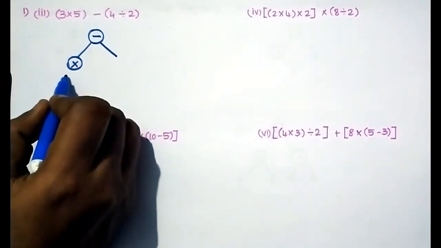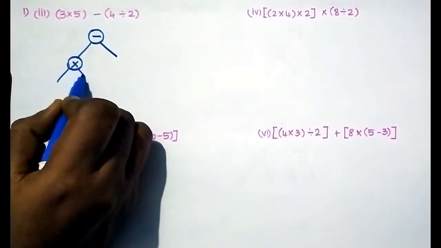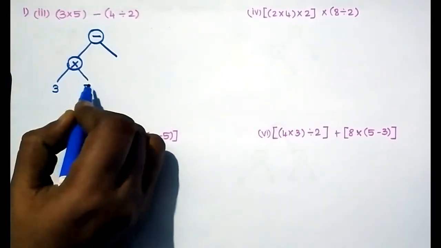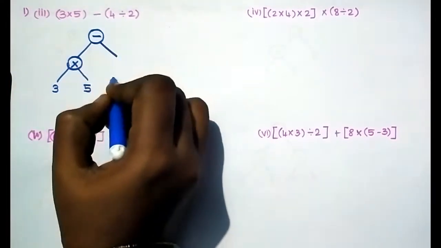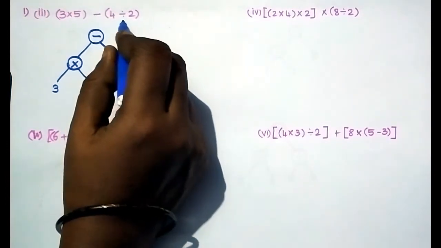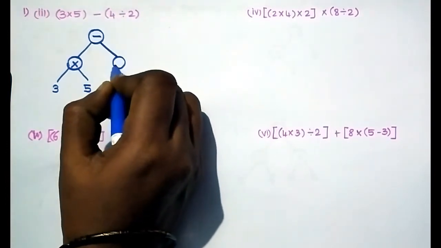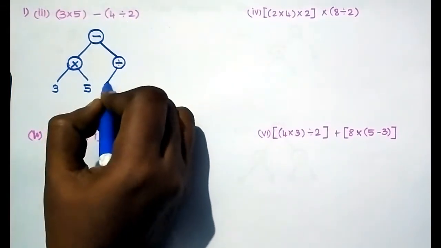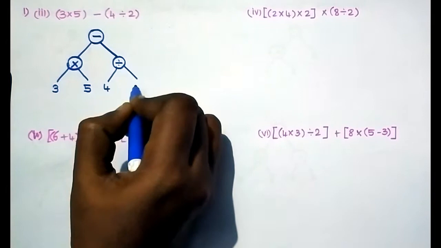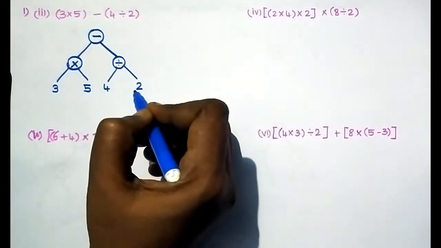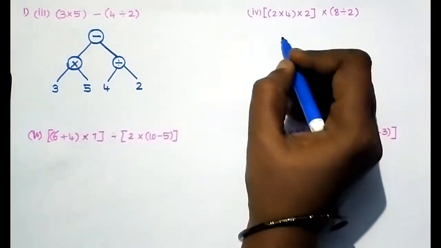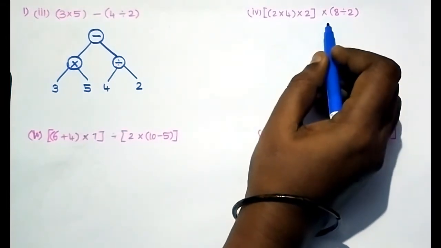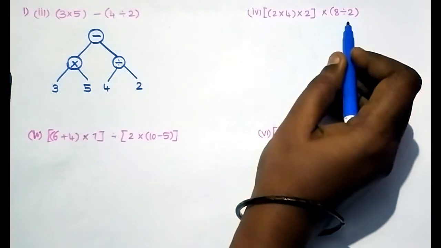Which two numbers we want to multiply? That is 3 and 5. And in this bracket one operation is there, that is division. Which numbers we want to divide? 4 and 2. That is the answer.